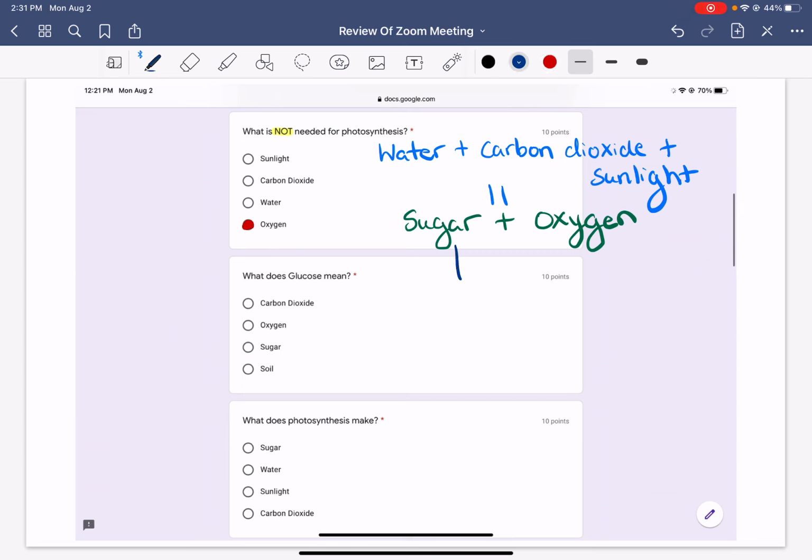Do you remember that? Sugar and glucose are the same word. So what does glucose mean? It's not carbon dioxide. It's not oxygen. It's not soil. Sugar is the only one.